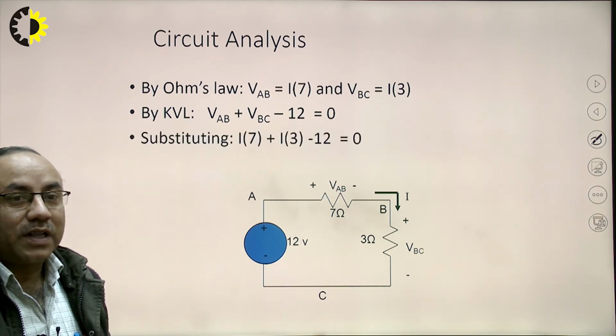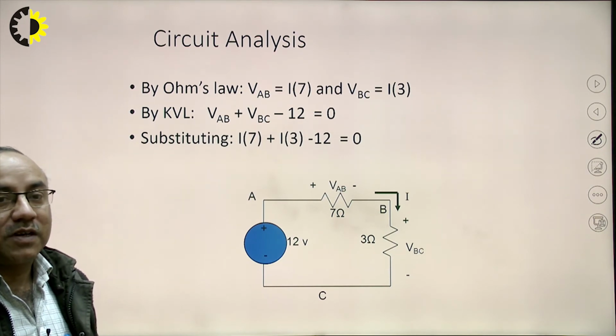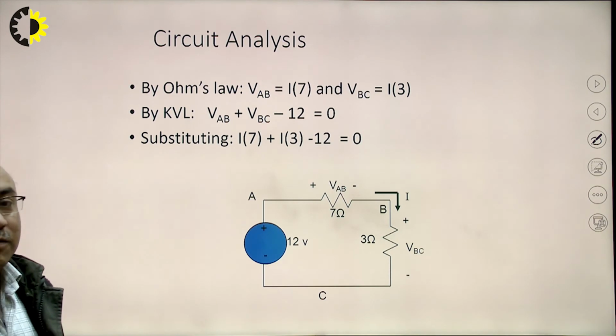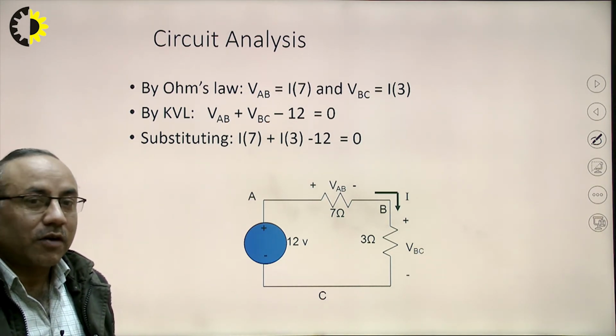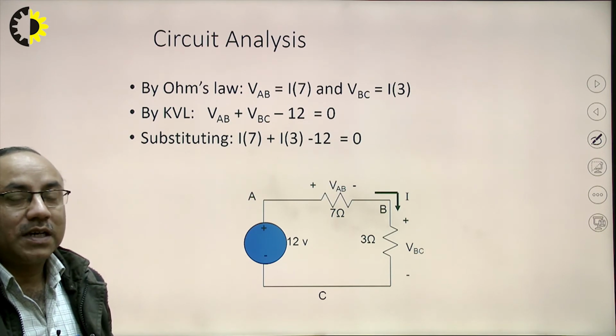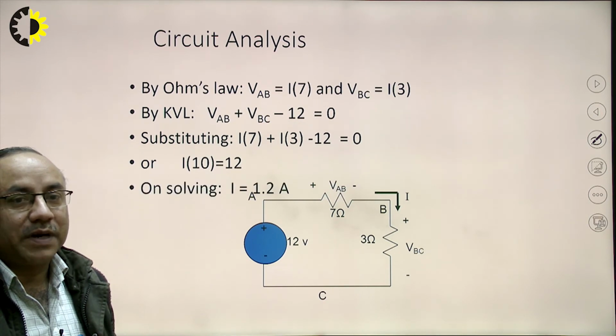So, putting the values of VAB and VBC in this, VAB is the voltage drop across 7 ohm, so that is I into 7. VBC is the voltage drop across 3 ohm, so that is I into 3. So, this becomes I into 7 plus I into 3 minus 12 equal to 0. So, from this we get I into 10 equal to 12, and the value of I will become 12 upon 10, that is 1.2 ampere.